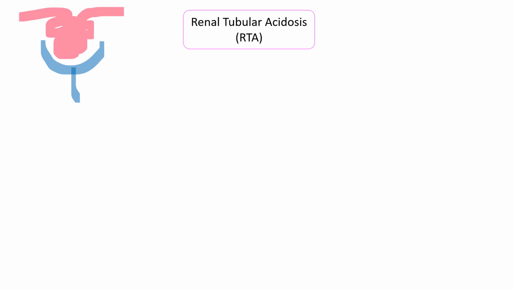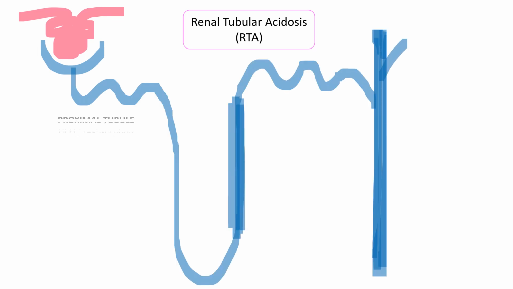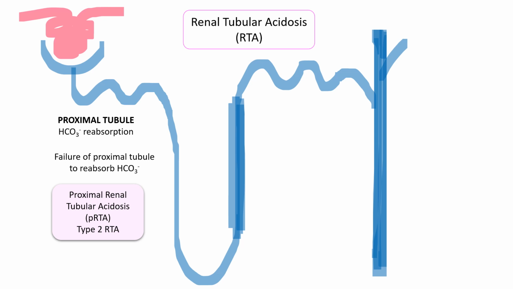What are the different types of RTA? As you recall, bicarbonate reabsorption occurs in the proximal tubule. When metabolic acidosis occurs because of proximal tubular failure to reabsorb bicarbonate, we call it proximal RTA or type 2 RTA. Acid secretion predominantly occurs in the collecting duct.